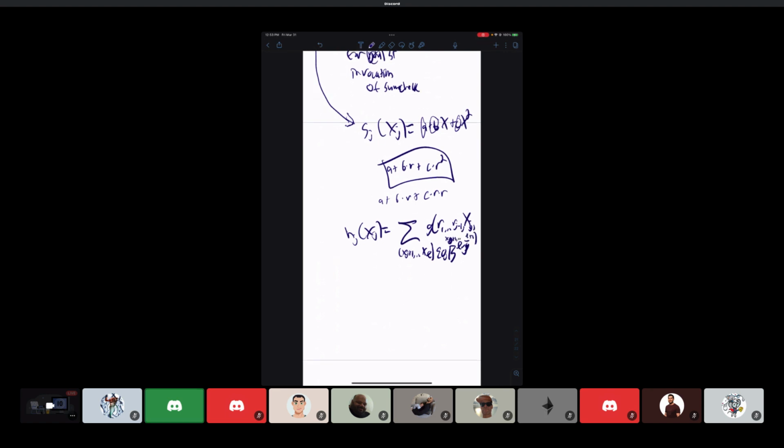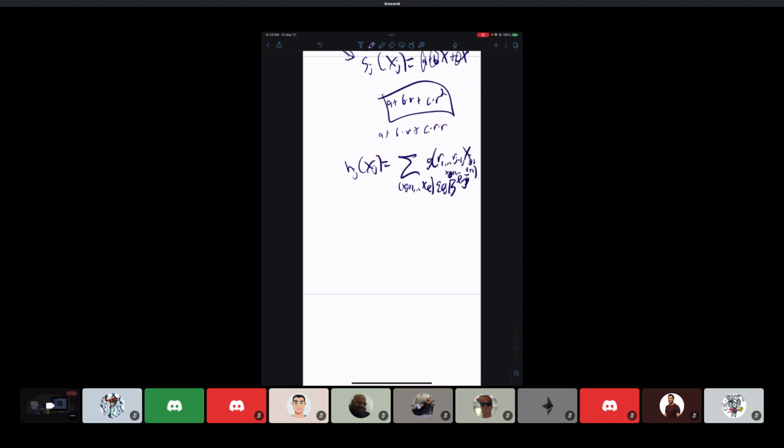So what's happening is the definition of H_j involves summing up G's evaluations at some very special points. If the prover's honest, S_j and H_j are the same.